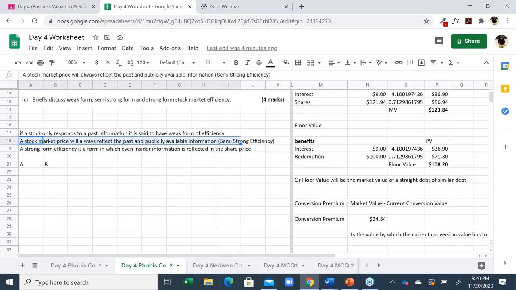That was just an example of a relationship between information and value of something. Right? So I hope I have explained the three forms of efficiency.